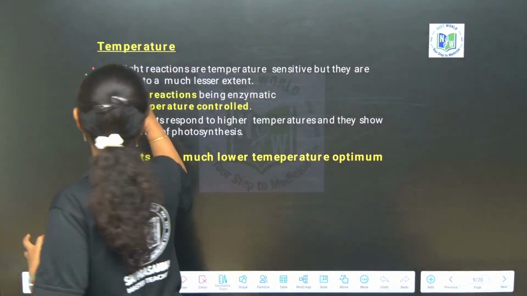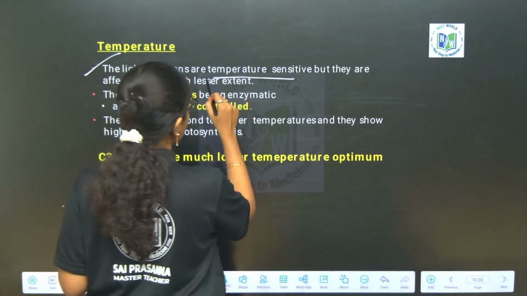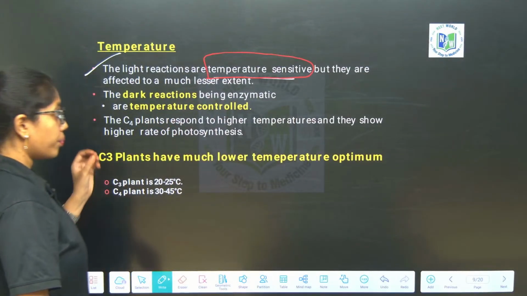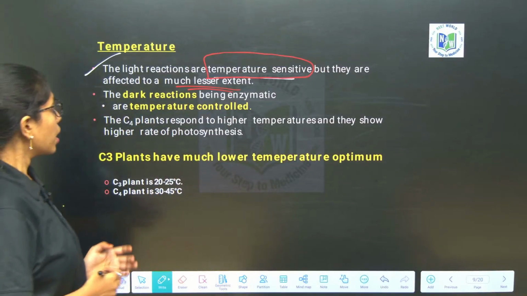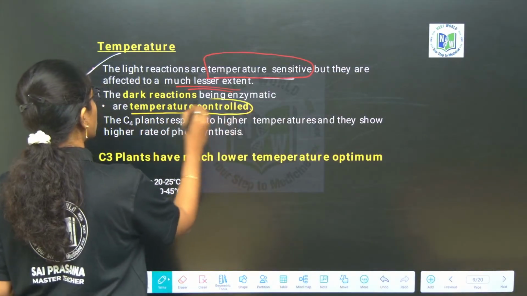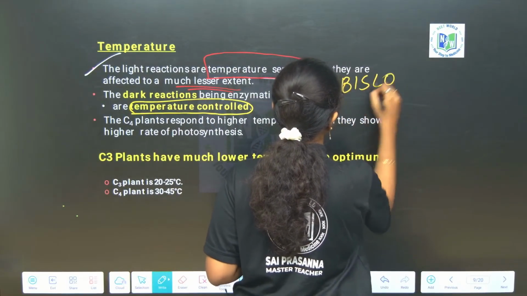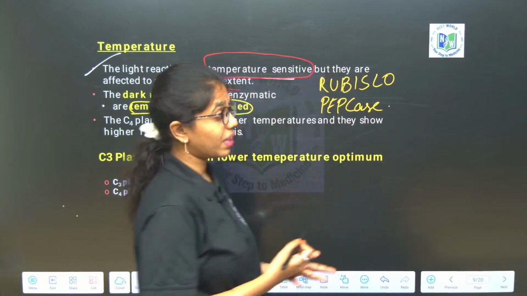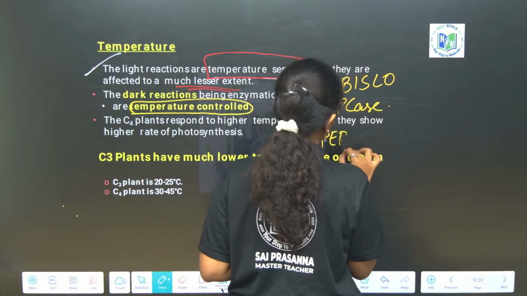Next, about temperature. The light reactions are temperature sensitive because they are directly dependent on light and light intensity, but they are affected to a much lesser extent when compared to dark reactions. Dark reactions are totally temperature controlled, be it Rubisco, Pepcase, or PEP synthase for PEP regeneration.